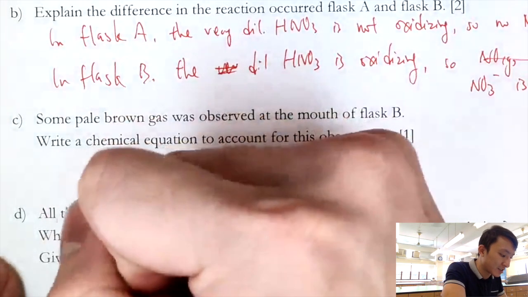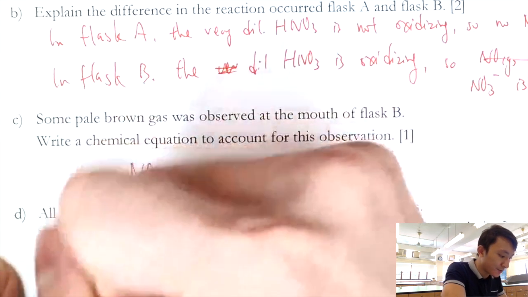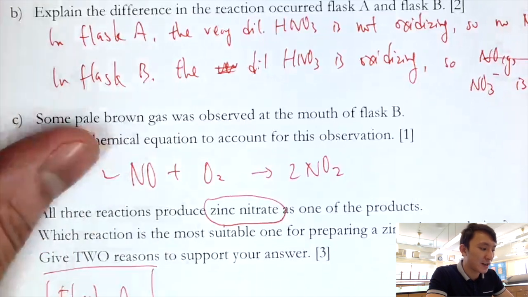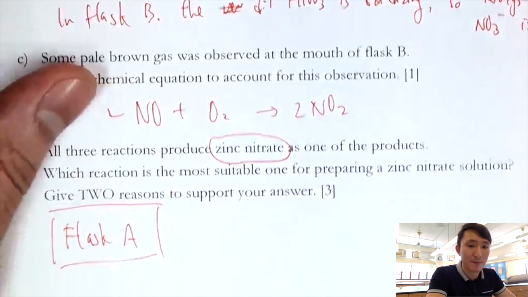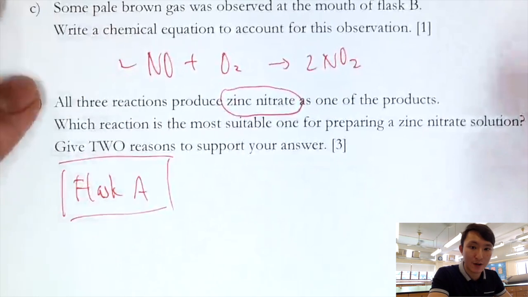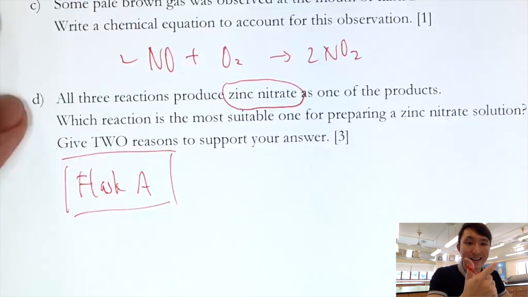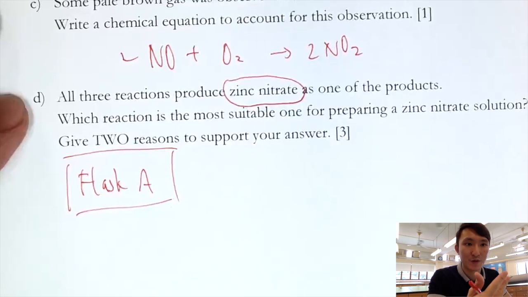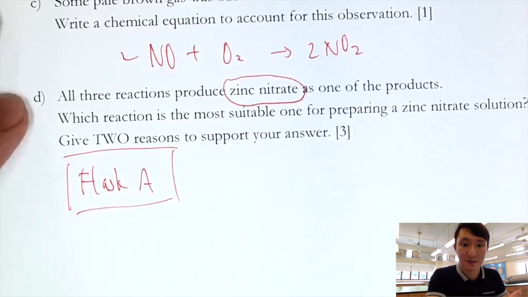So flask A is the one that you are going for with a very dilute nitric acid, because whenever we come across this question, like evaluating a reaction, we look at first of all safety, and second is the yield, the percentage yield, and then maybe the difficulty of the experiment itself.